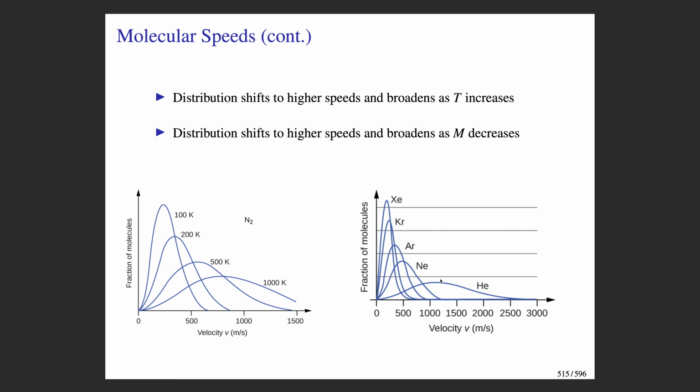So as you increase the molar mass, the distribution shifts to smaller and smaller average speeds, and the distribution of speeds gets narrower and narrower. These are the two important trends with respect to the distribution of gas speeds. There's one for temperature and one for molar mass, and it would be useful to keep them straight.